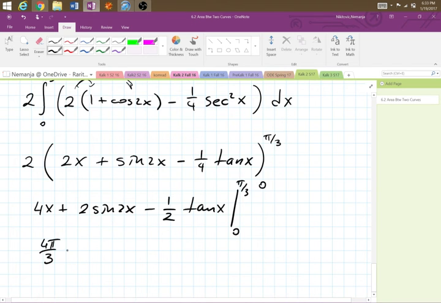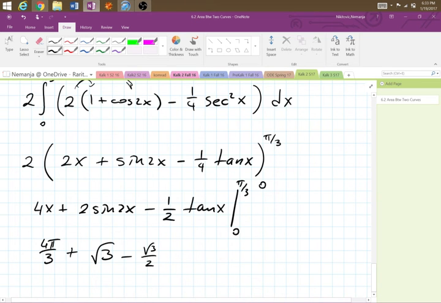So 4 pi over 3. What's the sine of 2 pi over 3? Very good. Wait, sorry. Sine of 2 pi over 3 is root 3 over 2. Minus, that's root 3 over 2. And then we have 0, which just kills everything.